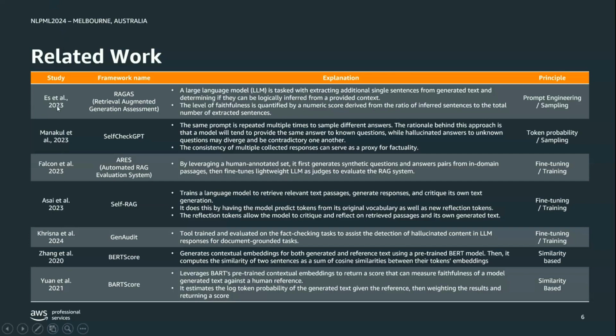When we provide this table, we also want to describe how these methods can or cannot meet the requirements that we discussed above. For example, similarity-based methods are something that we could hardly use online, because they need a ground truth to compare the generated text with.